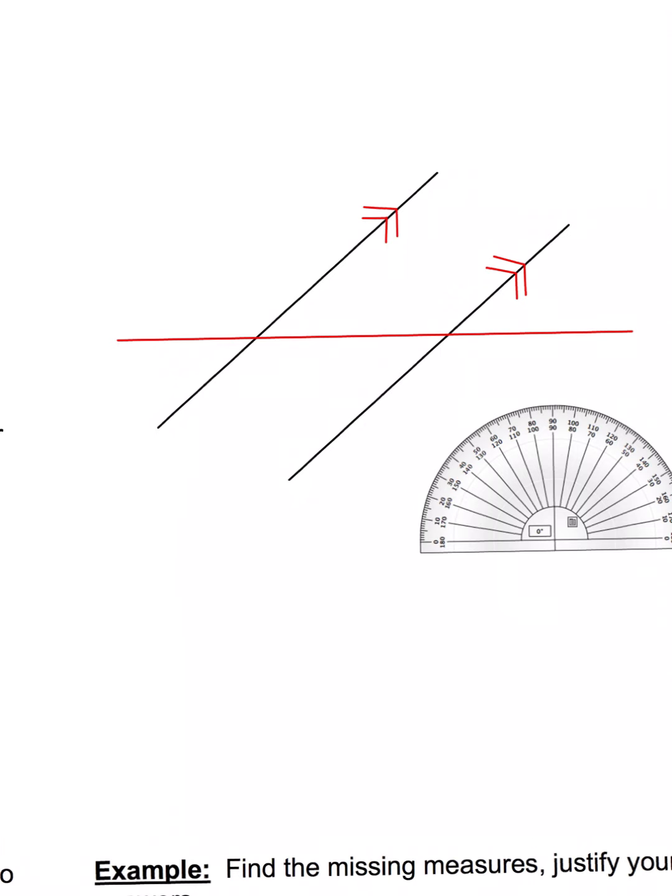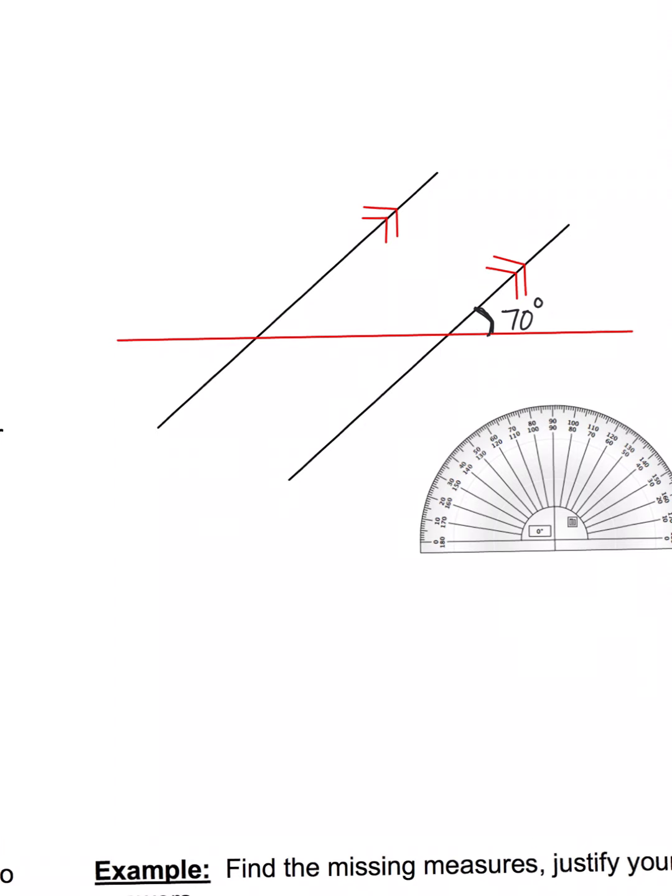If you were to take a protractor and actually measure this angle right here, let's say it's 70 degrees, just knowing that that one angle is 70 degrees is going to tell you what every one of these 8 angles is going to be. Obviously, you know that this is 70, but you're going to be able to tell what this angle is, this angle, this angle, this angle, this angle, and that angle.